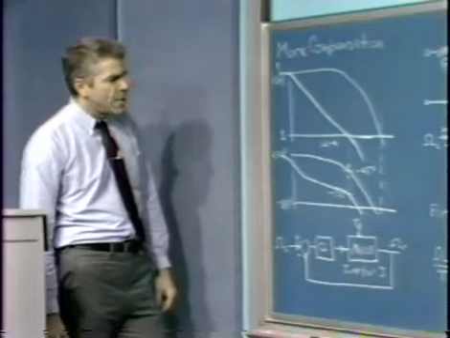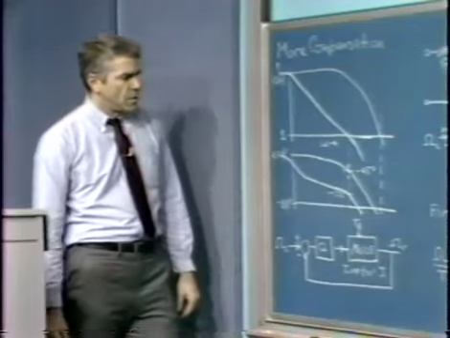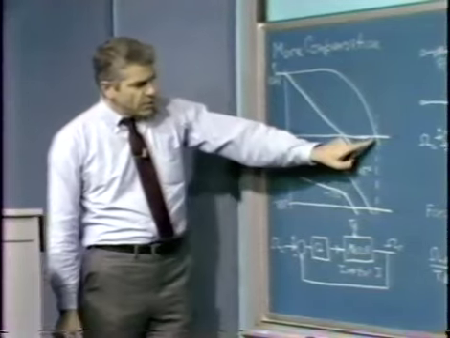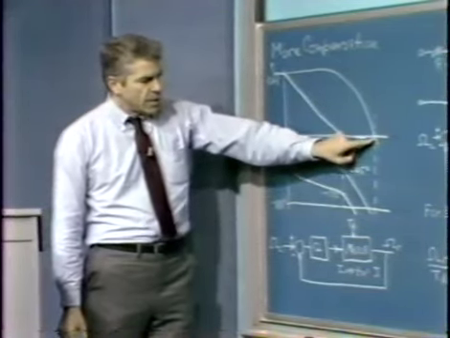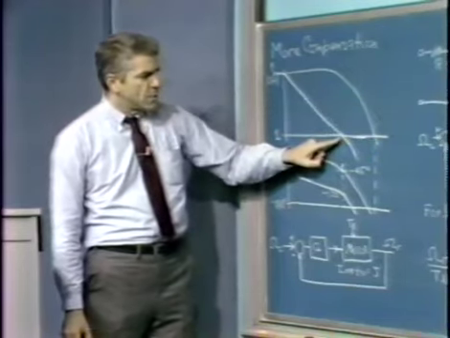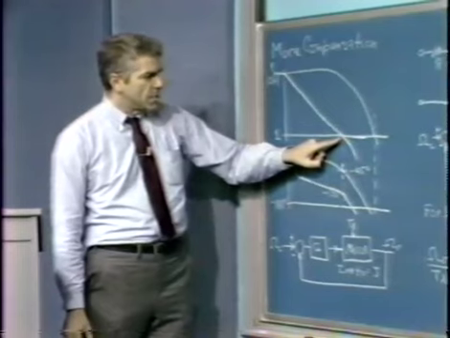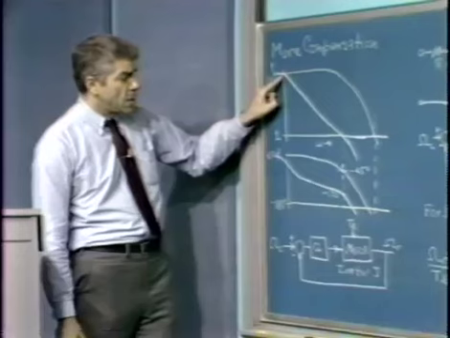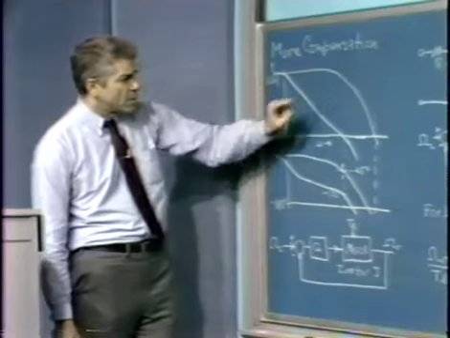The price we've paid, however, is a very significant one in terms of the bandwidth of the resultant system. Originally, our crossover frequency was out here. We've made a very, very major change in crossover frequency. We've lowered crossover frequency considerably by putting in our dominant pole, starting the roll-off at a much lower frequency than we originally did.